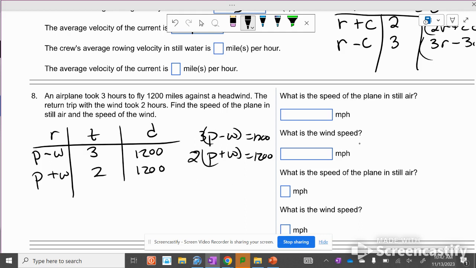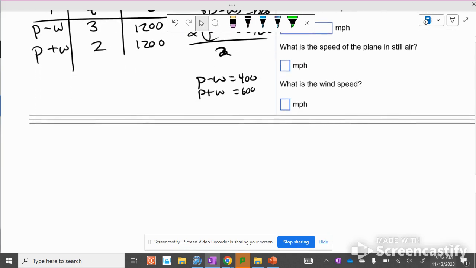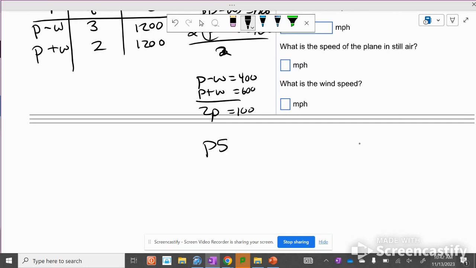Actually, what would be easier is divide both sides by 3 here, divide both sides by 2 here. So P minus W equals 400, and P plus W equals 600. So if you do that, then 2P equals 1,000. The plane speed is 500 miles per hour.